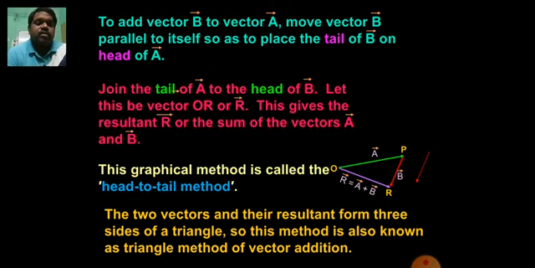So triangle law of addition of vector is also known as head to tail method for finding the resultant of addition of any two vectors. So let us see some properties in addition of vectors.